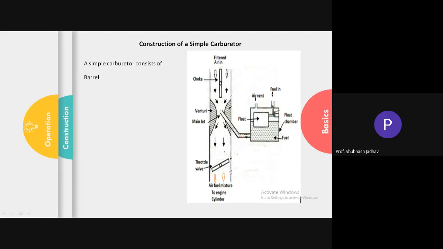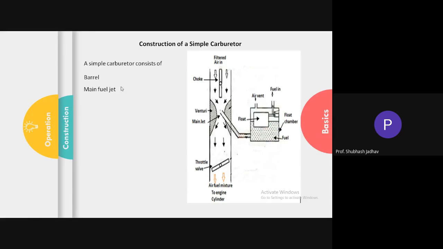So this is your barrel, and this barrel helps in ensuring the air fuel mixture is prepared and supplied to the engine. So on one side air is coming in, on the other side air fuel mixture is supplied to the engine. Okay, and here we are preparing the mixture.